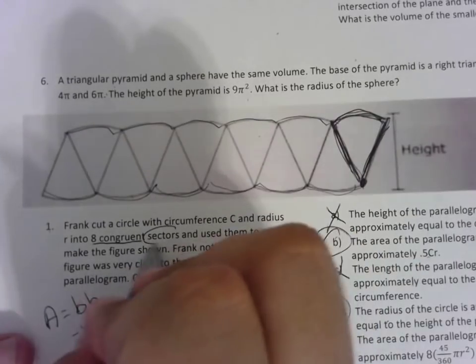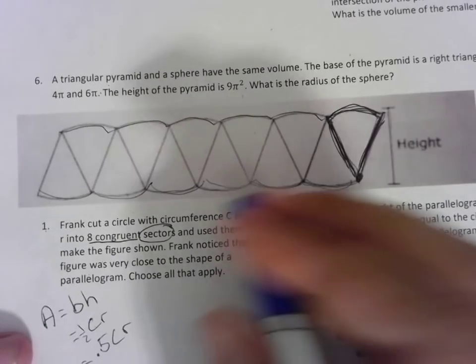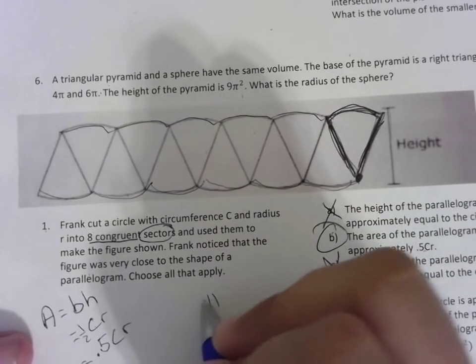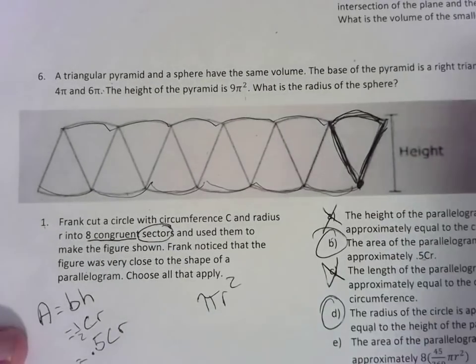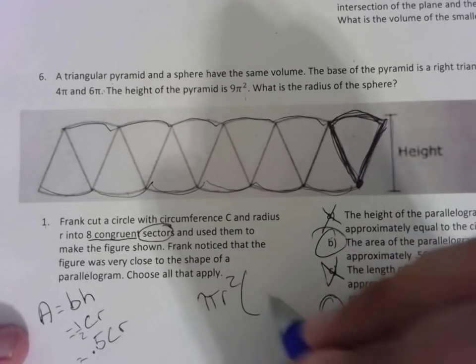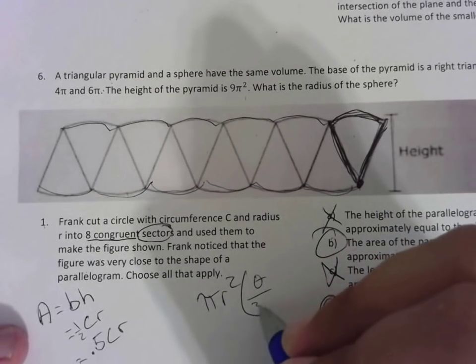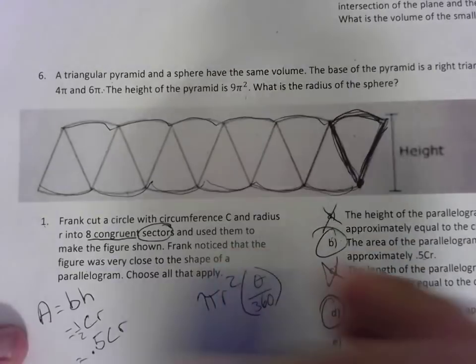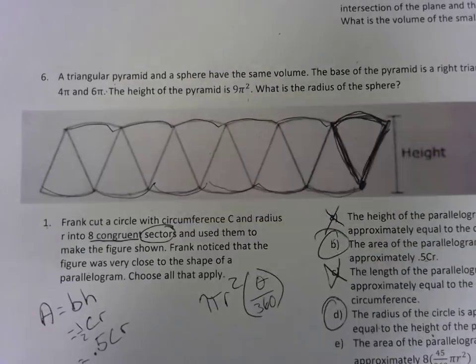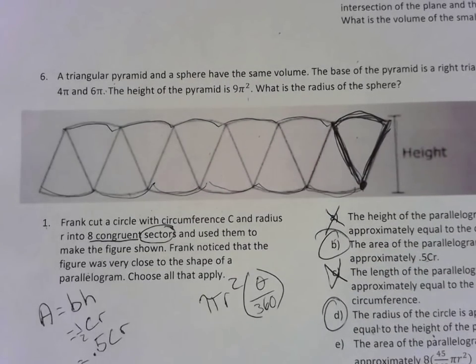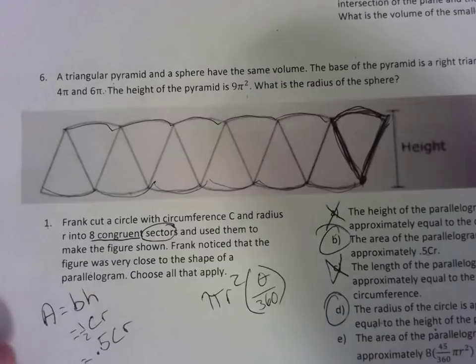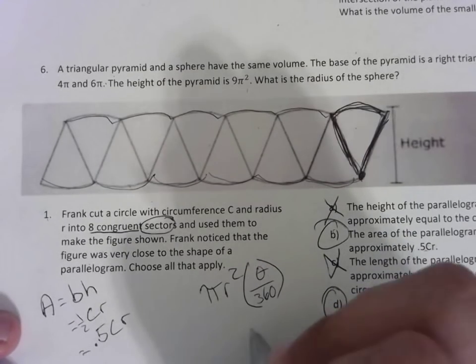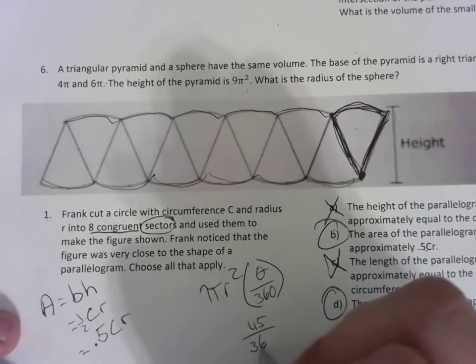This is a sector. So the area of a circle, pi r squared. To find the area of a sector, remember you're adding that theta divided by 360. This was cut into 8 equal pieces. Therefore, all you need to do is 360 divided by 8. 360 divided by 8 is 45.